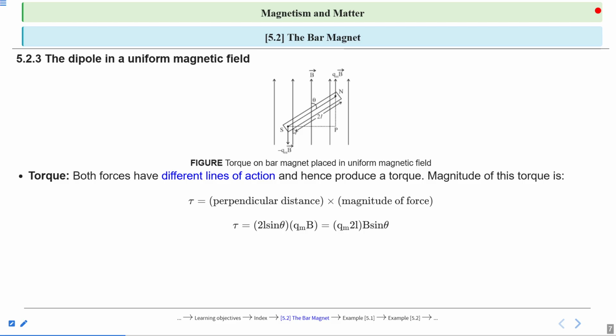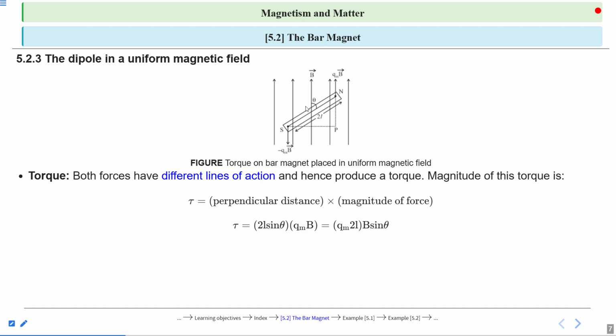So tau will be, what is perpendicular distance? This is 2L. This is theta. If this is theta, by geometry you can find this is also theta. So you can find what is this distance.